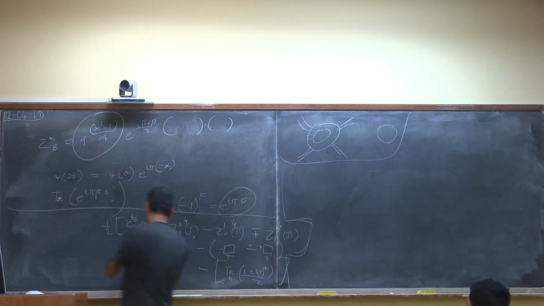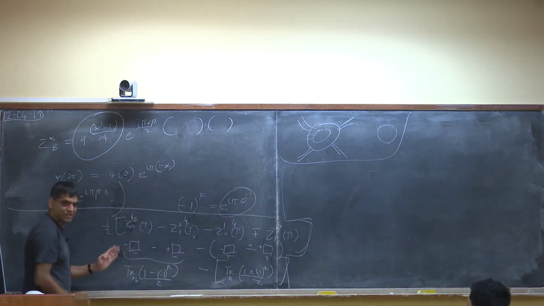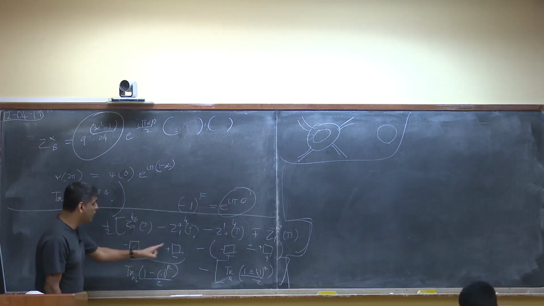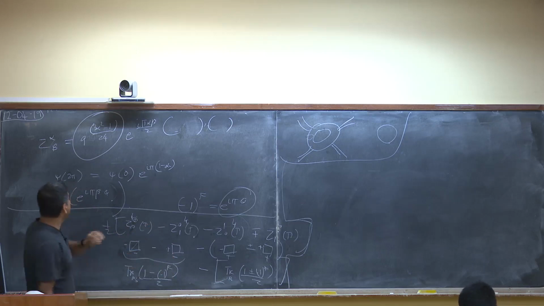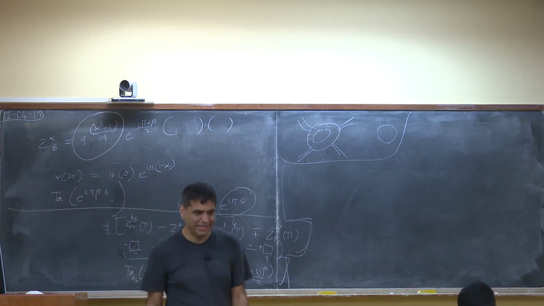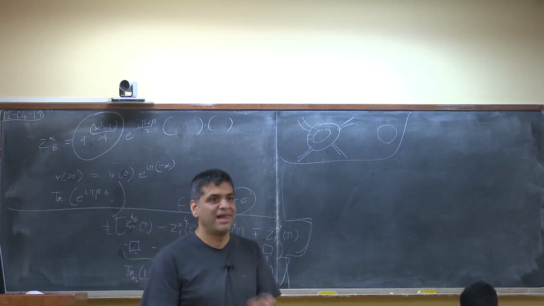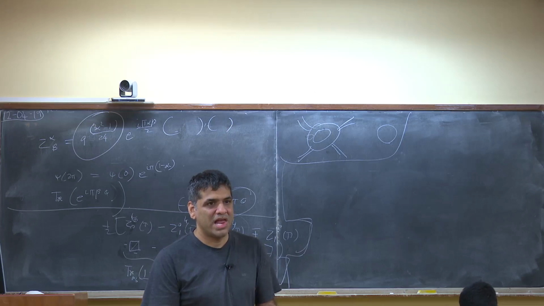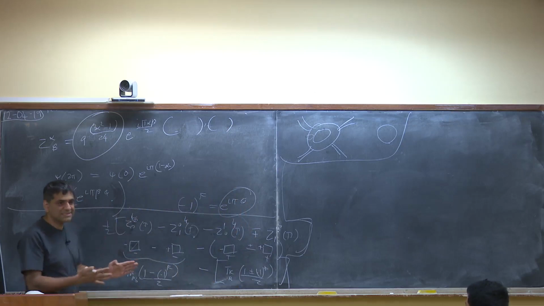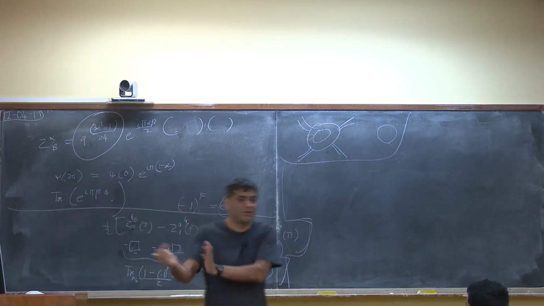Under this modular transformation, this transformation that tau goes to tau plus 1, minus minus will go to plus minus, but will also pick up an additional phase. It's, if you want, an anomaly. It comes from the fact that we've taken left movers and we're dealing with them separately from right movers.